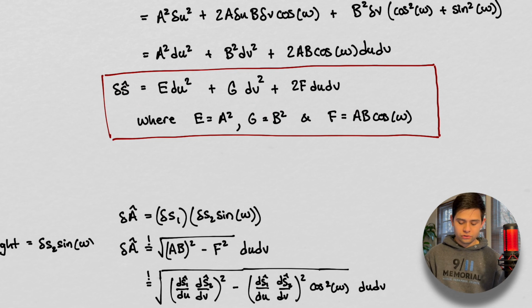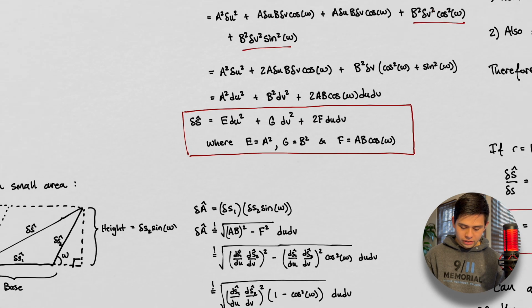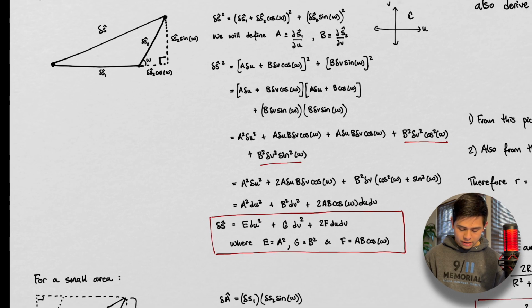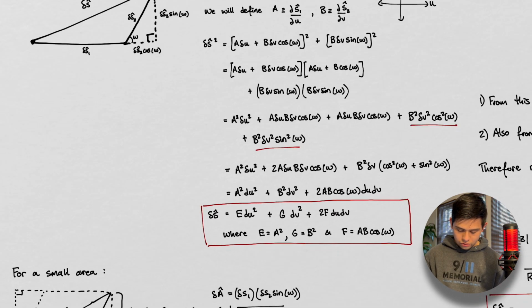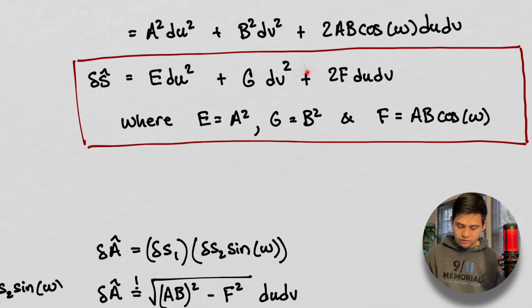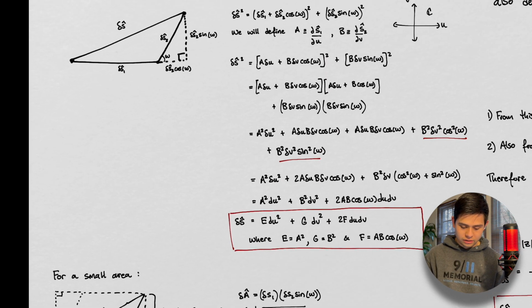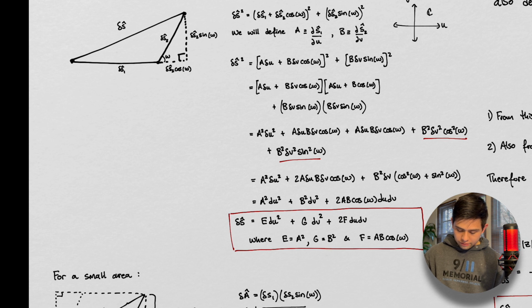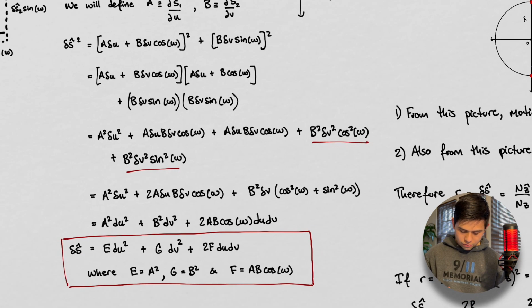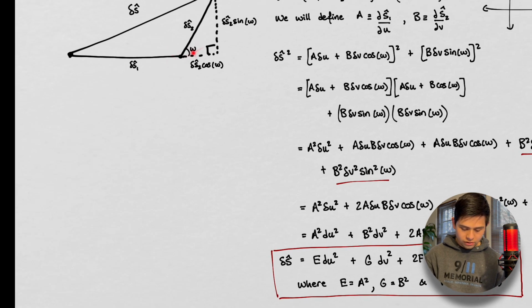Now, this is interesting because if F was 0, then we are again reduced down to, here I'll zoom in, if this is 0, we're again reduced down to Euclidean distance. So this is kind of interesting, right? Because we see that F is the cosine of this angle right here.